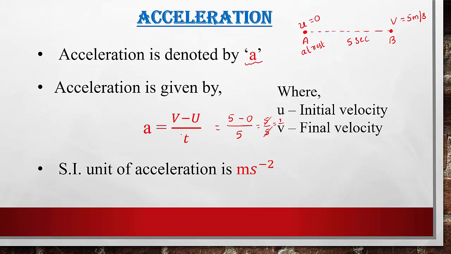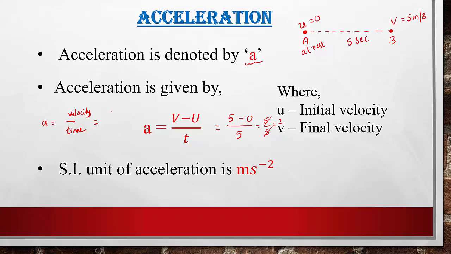And what is the SI unit of acceleration? We know that acceleration is change in velocity with respect to time taken. A equals v by t, that is change in velocity divided by time taken. What is the SI unit of velocity that we already studied in the previous lecture?